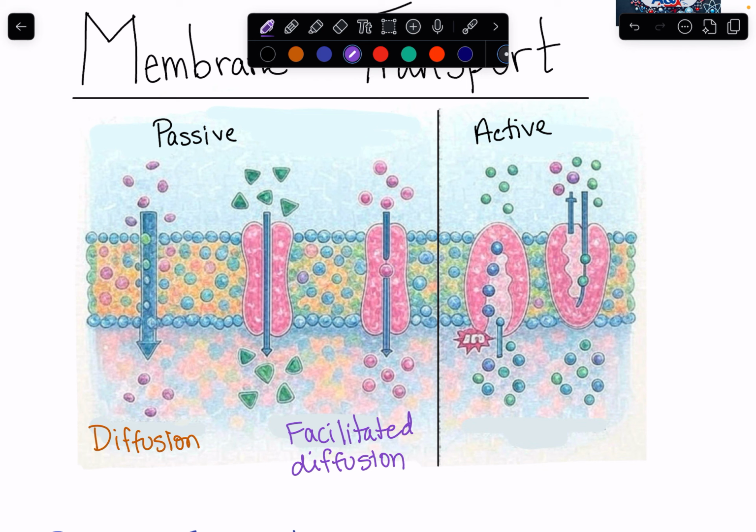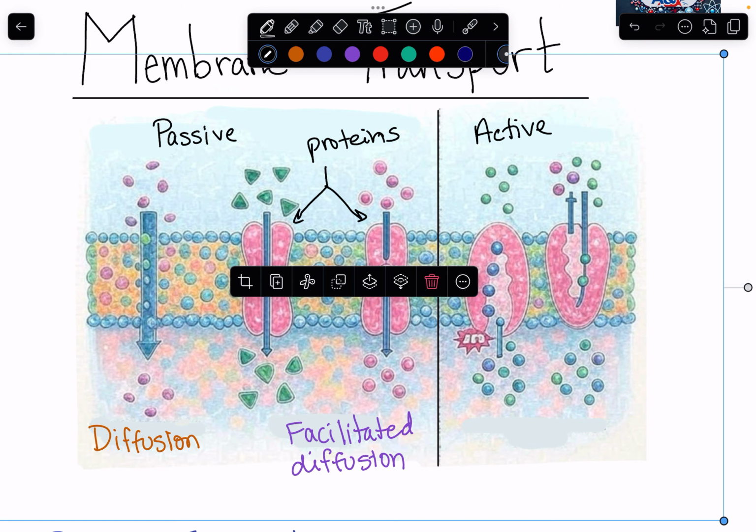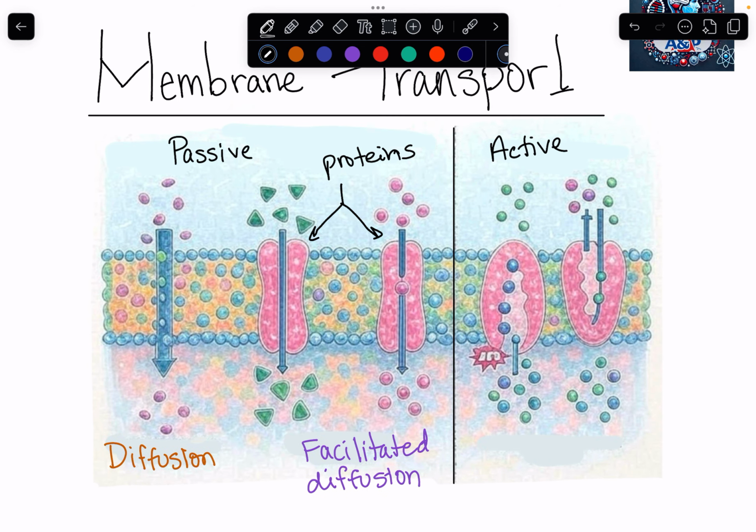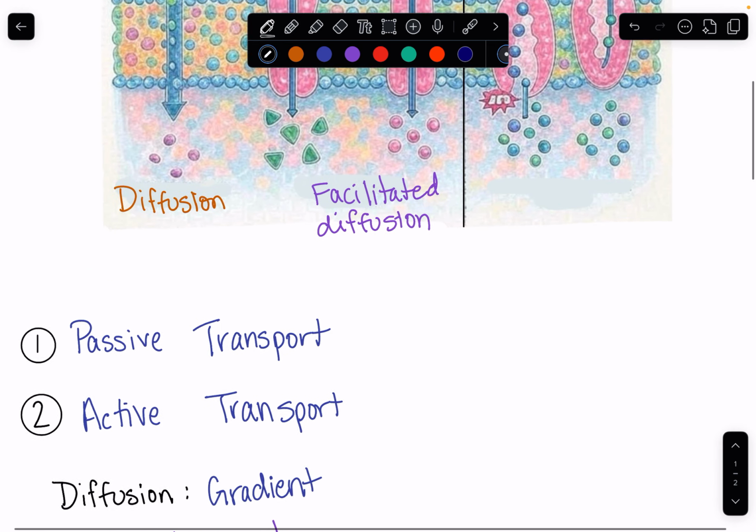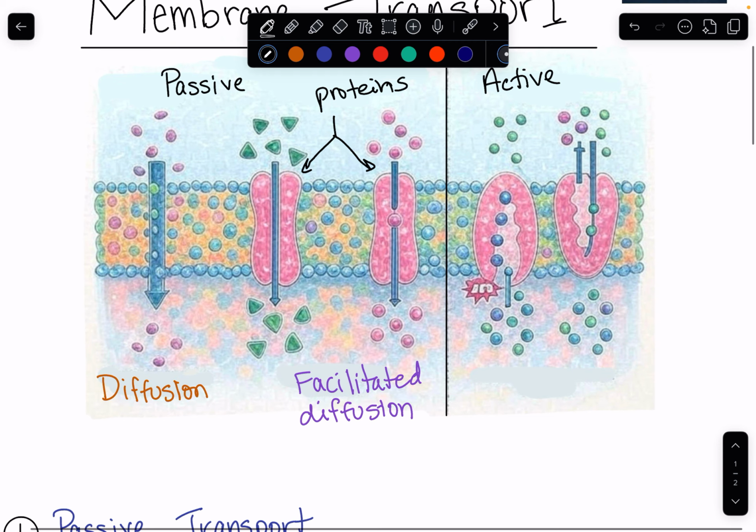In the next type of diffusion, facilitated diffusion, we can see that we have some type of protein. These guys right here, these pinkish purple guys, are proteins. They're channel proteins. And what they do is they help facilitate the type of diffusion that we are going to have.